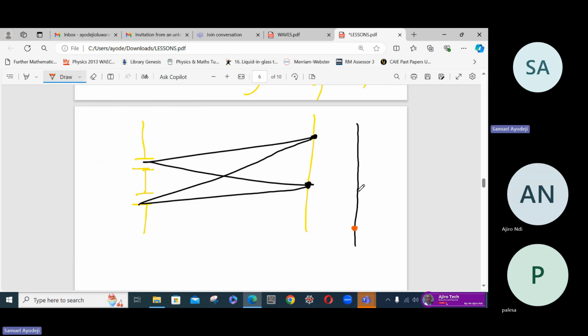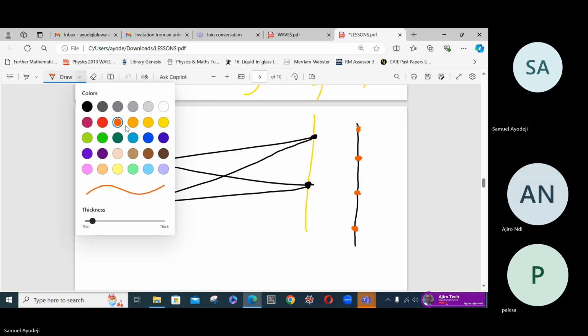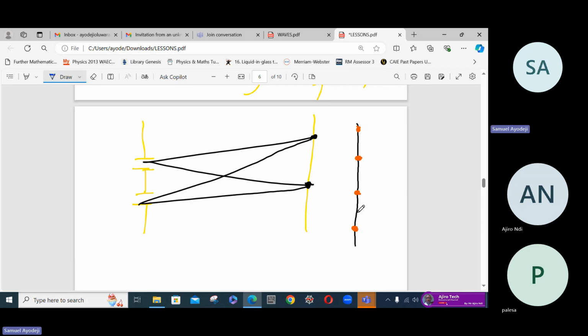Let me first spell it this way: equally spaced, and equally spaced, and you have another dot in between. These are called dots. We have bright.